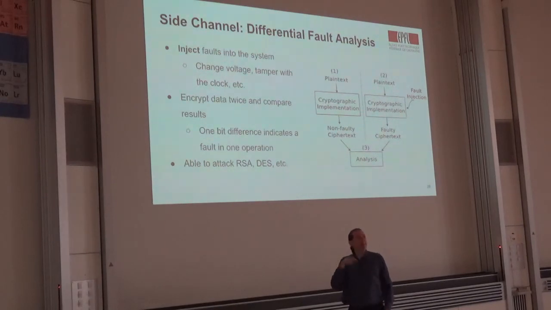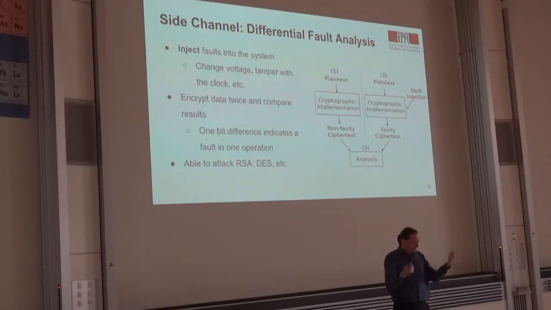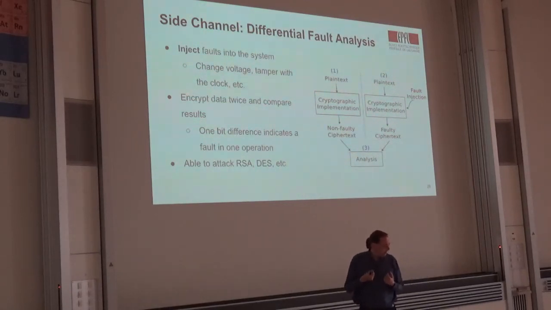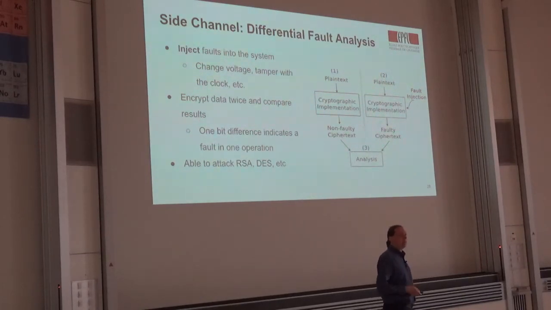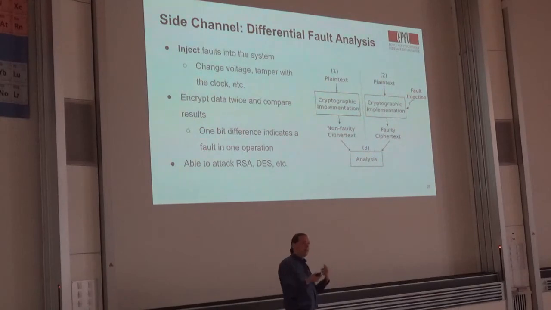And if the attacker can cause some of those to be faulty, to have a bit flip somewhere, then the attacker can do a comparison between the faulty and non-faulty ciphertexts that come out, and often use the arithmetic relationships of that.